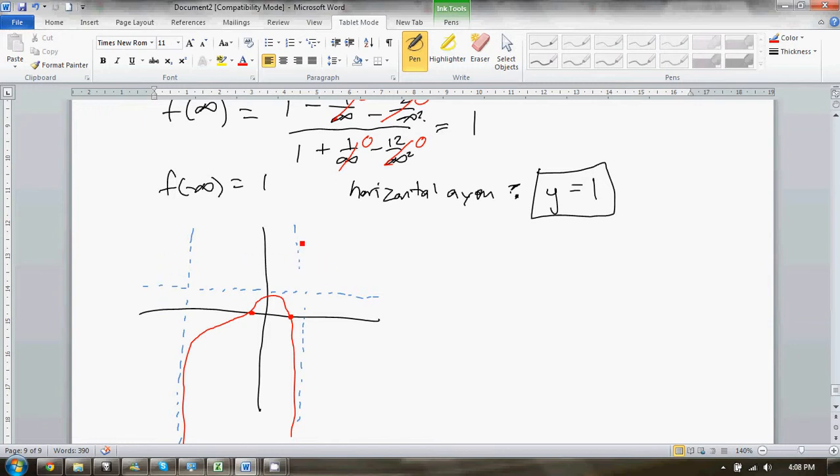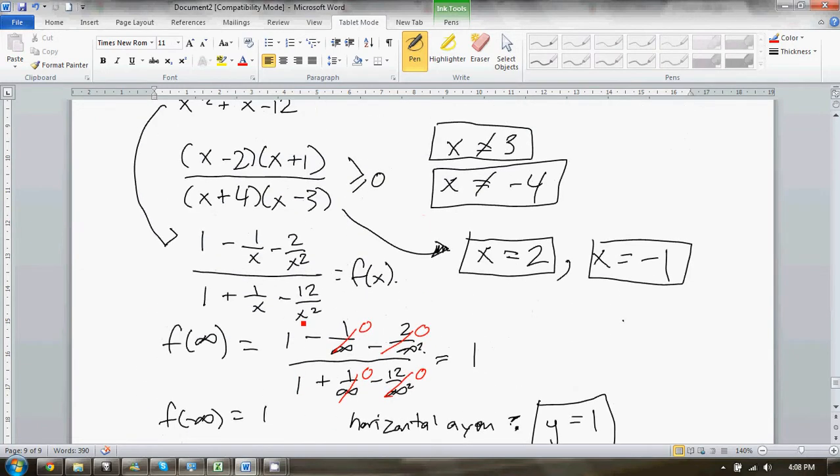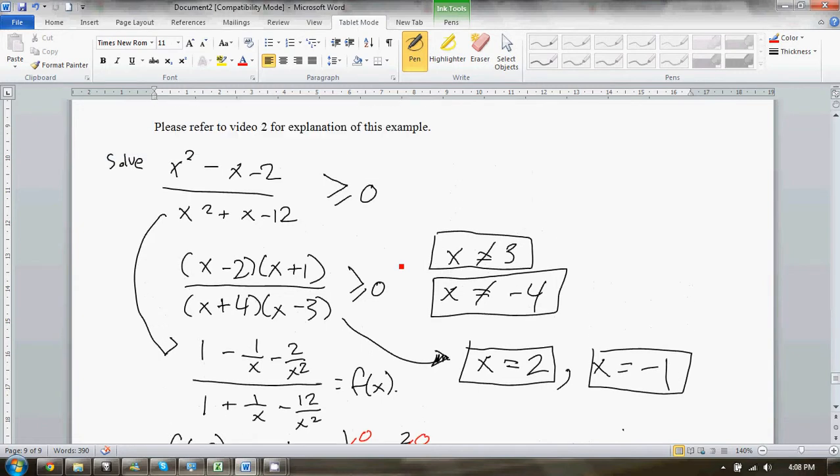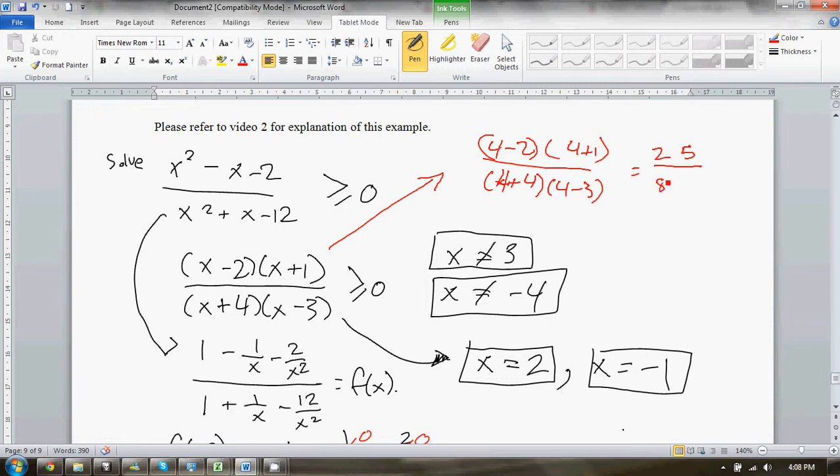This asymptote has a value of positive 3, so we'll sub in a value of, say, 4. If we sub in 4 here, we get 4 minus 2, 4 plus 1, over 4 plus 4 and 4 minus 3, which is 2 times 5 divided by 8 times 1.